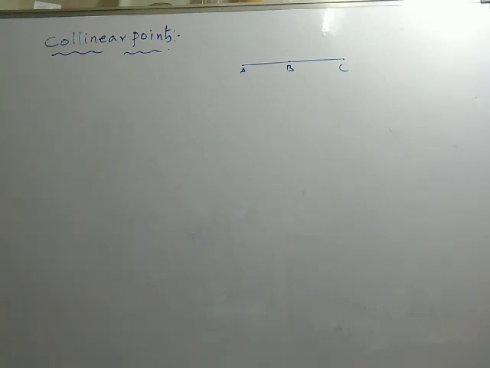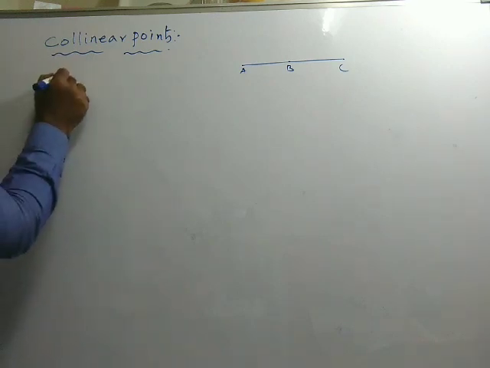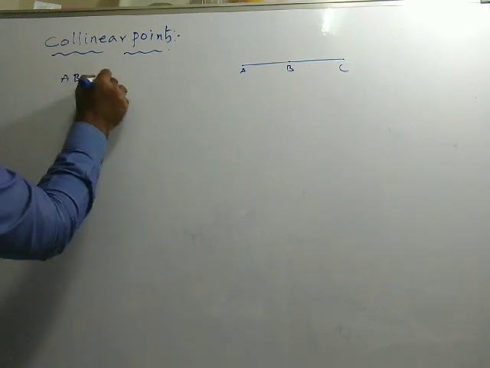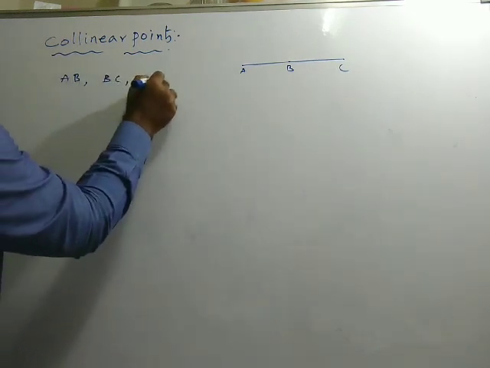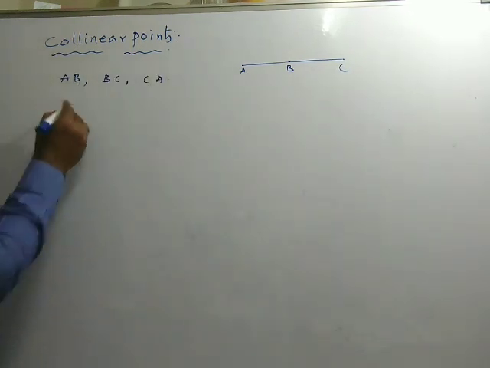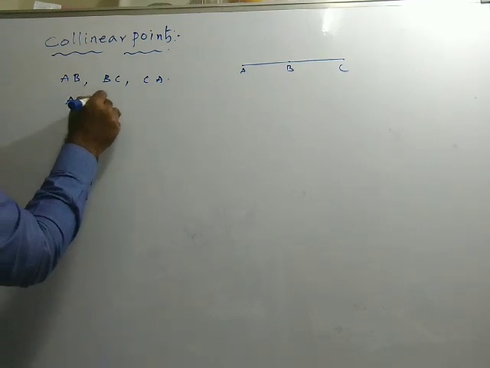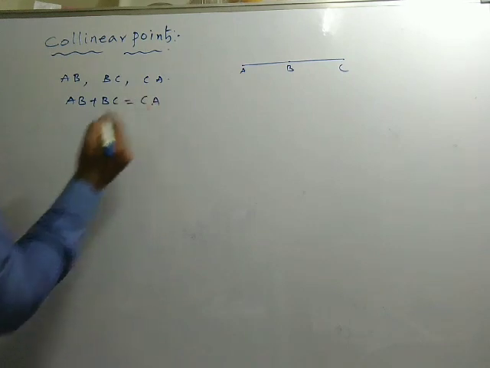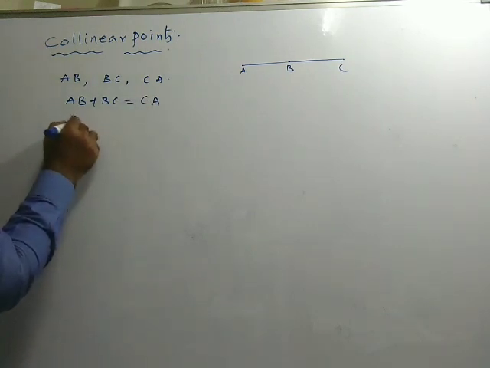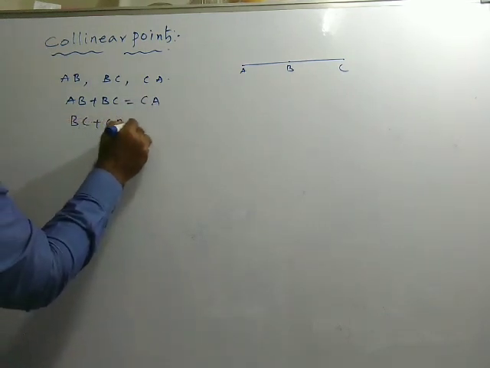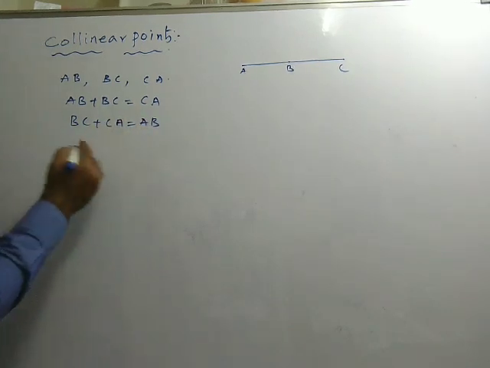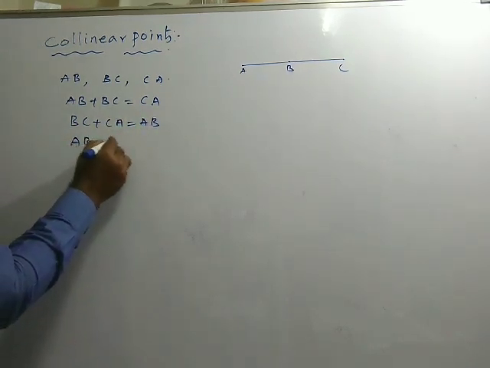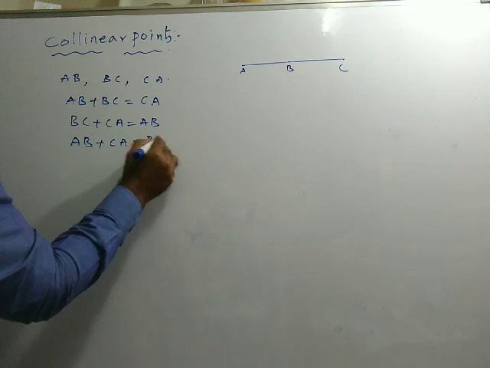Earlier we discussed method 1 to prove collinear points. First, let us find the sides AB, BC and CA. Then just verify any one of the conditions: AB plus BC equals CA, or BC plus CA equals AB, or AB plus CA equals BC.